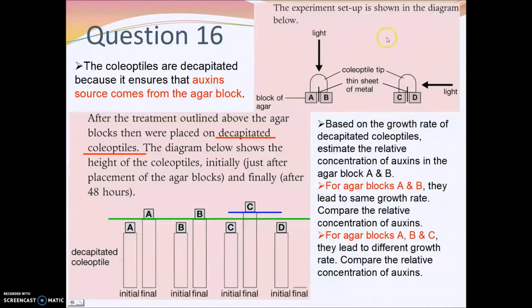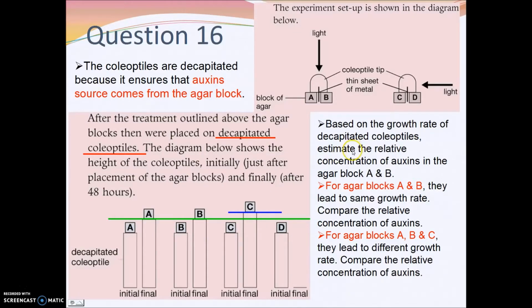There may be an uneven distribution, but for this part, what I care about is just growth or not. I don't care whether the coleoptile bends to the right or to the left. I just want to see whether they can grow.